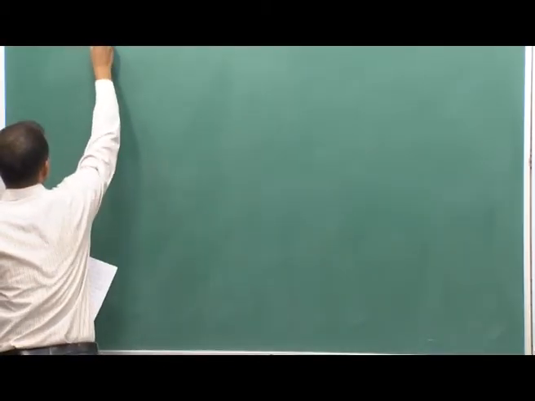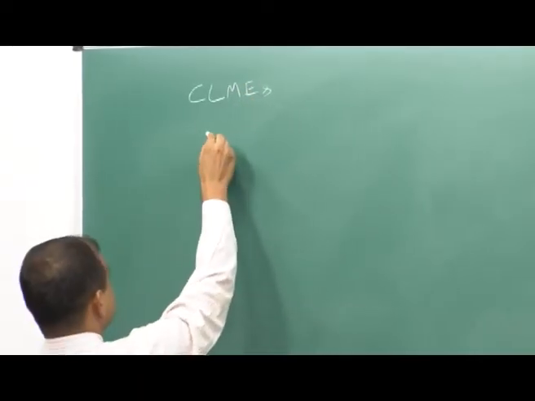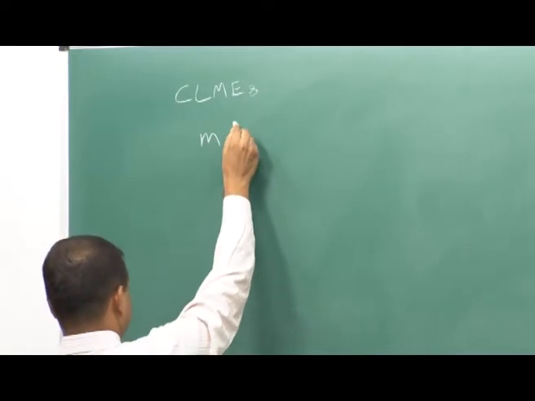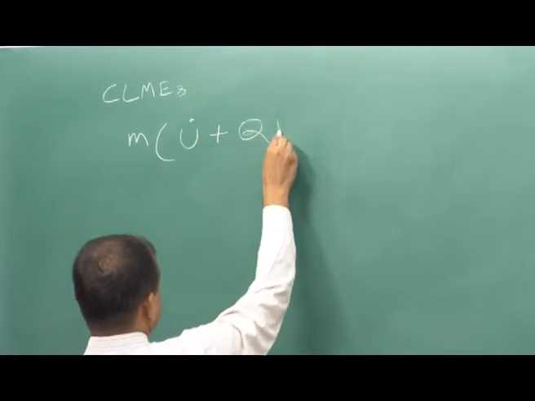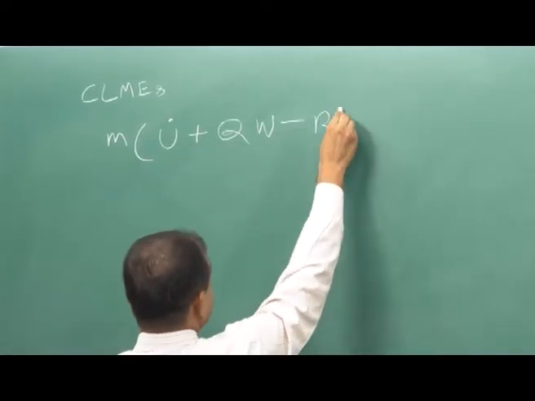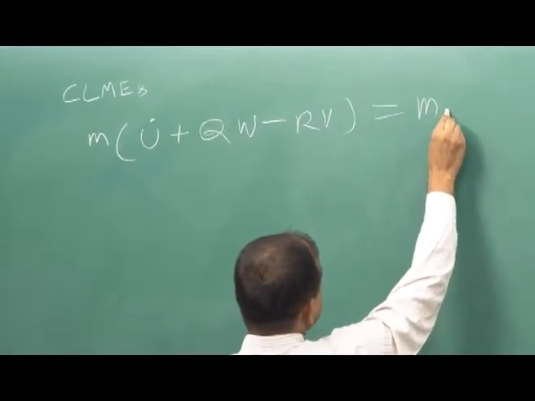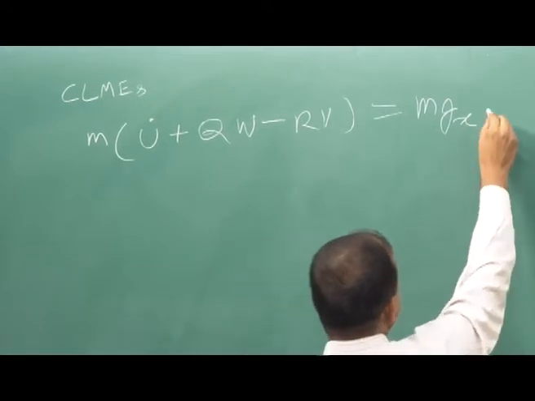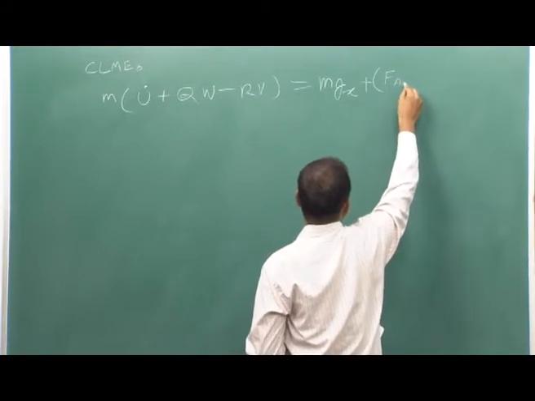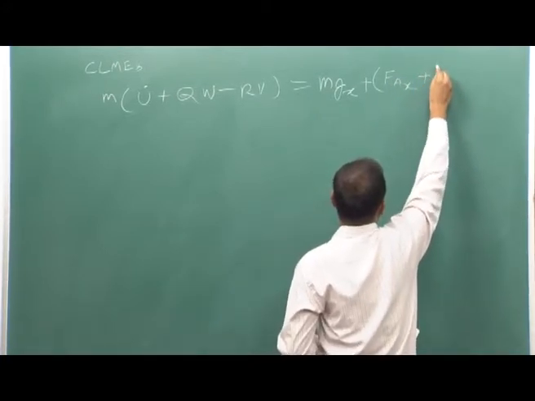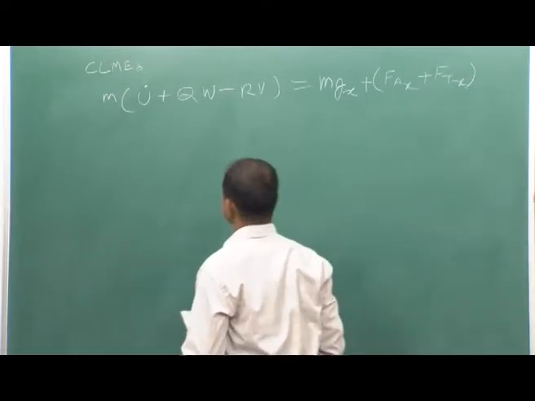If you talk about the conservation of linear momentum equations, we can write m u dot plus q w minus r v equals m g x, the gravitational force, plus F aerodynamics in x direction and thrust force in x direction.